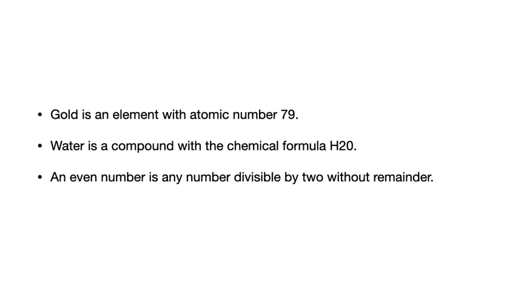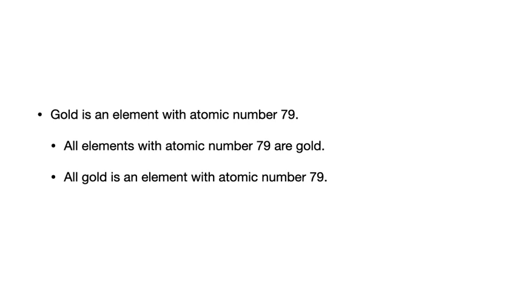Well, how would we put this? You actually have to translate this. There are other ways to do this when you are using other forms of logic, but with categorical logic, you need 2 all statements. All elements with atomic number 79 are gold, and all gold is an element with atomic number 79.